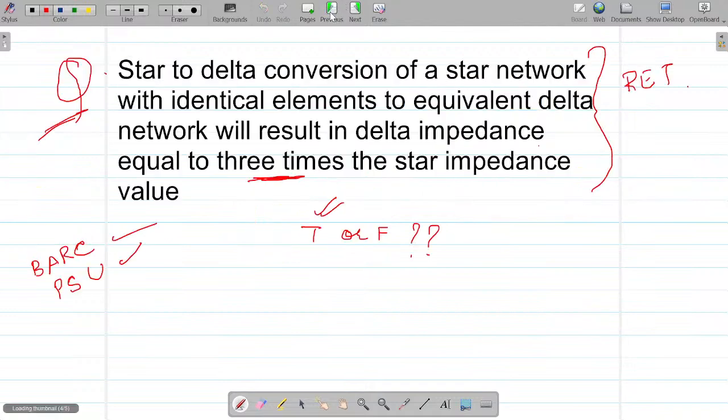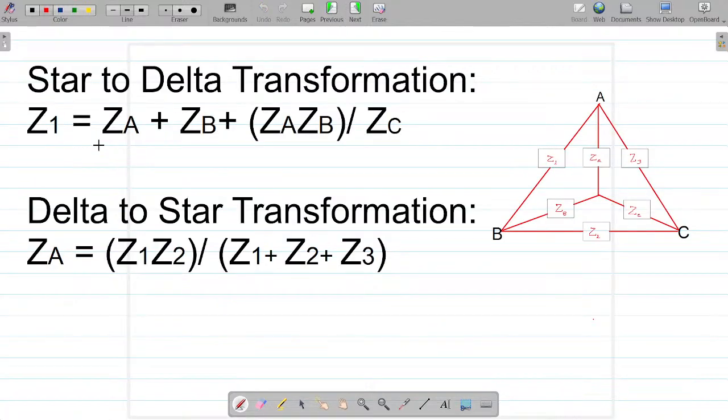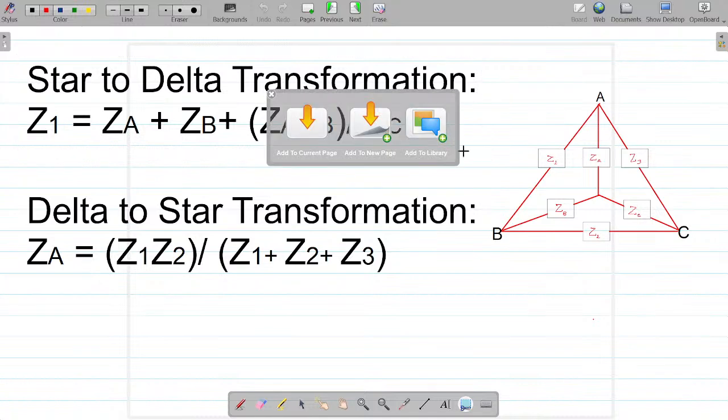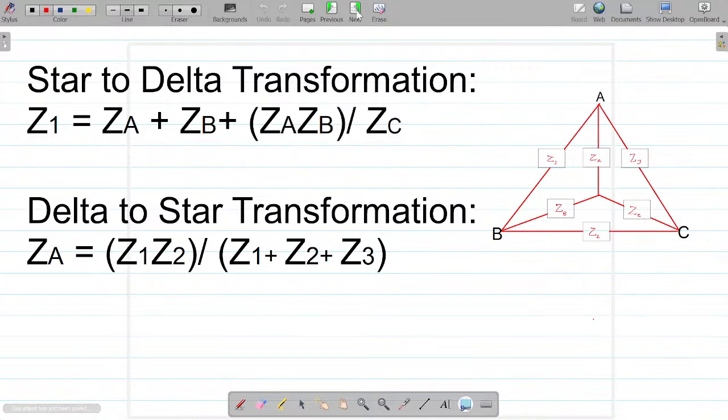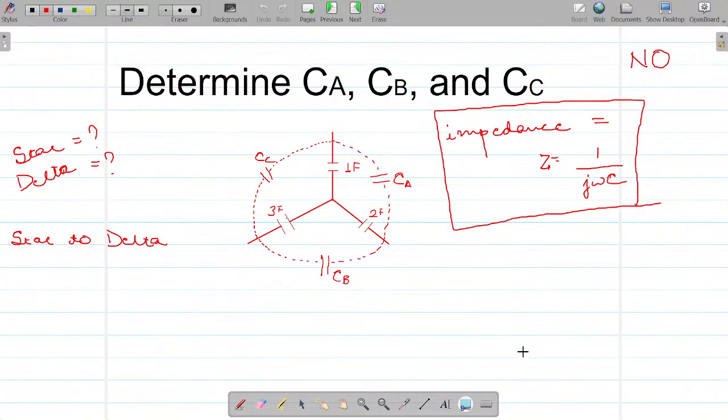And the formula that you have for star to delta conversion, see, the formula that you have for star to delta transformation is for impedances. I'm pasting it here.